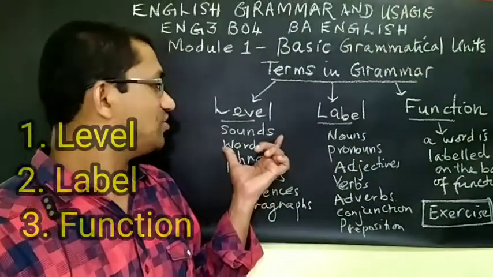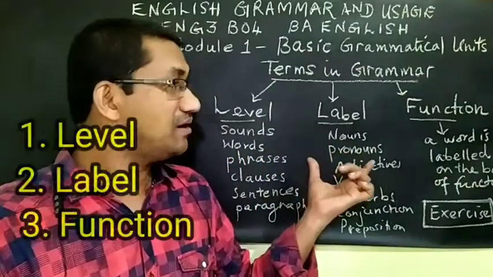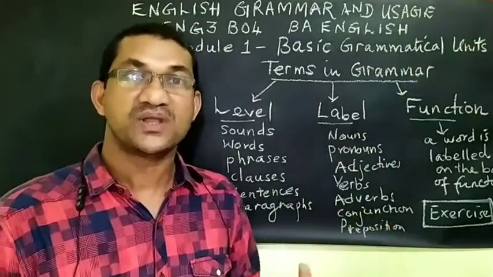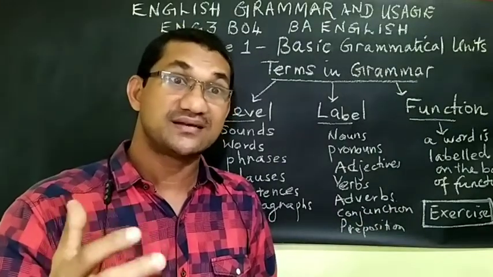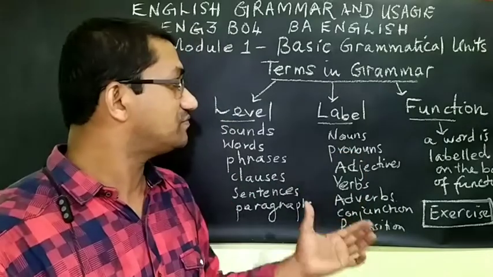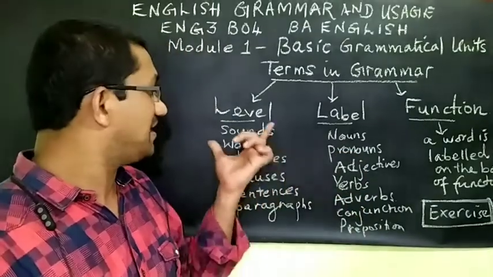One is level, number two is label, number three is function. Now let us look at each of the grammatical terms that come under each of the three categories. Category one is level.